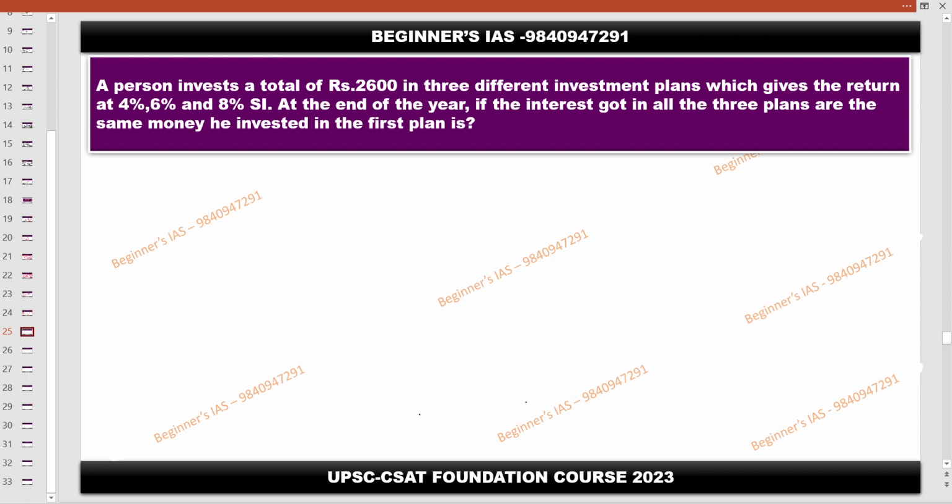If the interest got in all the three plans is the same, the money he invested in the first plan, that is the question.